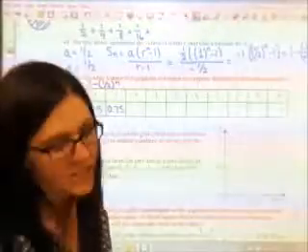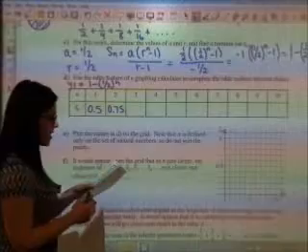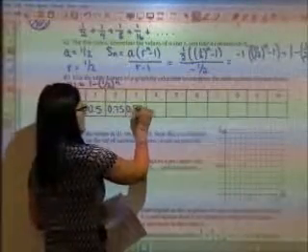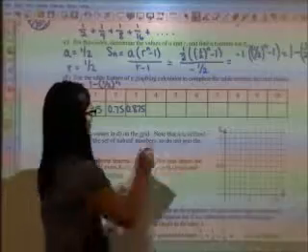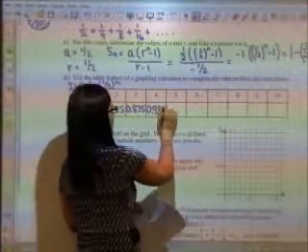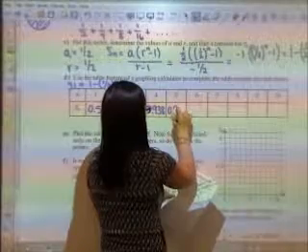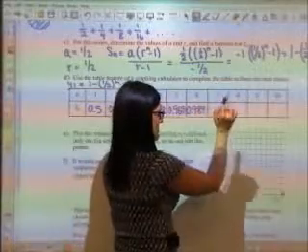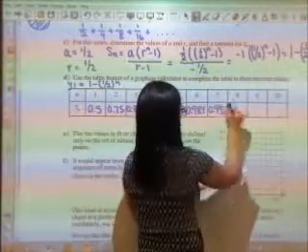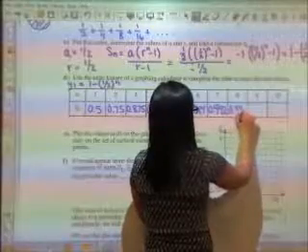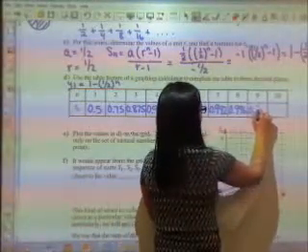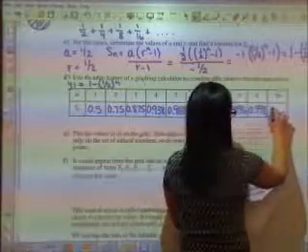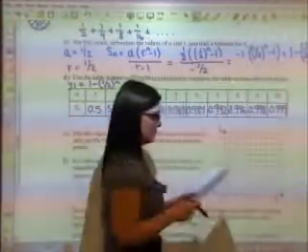So fill this chart into 3 decimal places as you go along the line. And then you're going to plot the points on the grid.